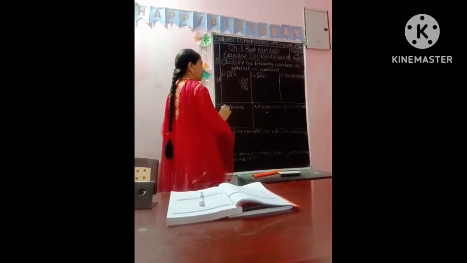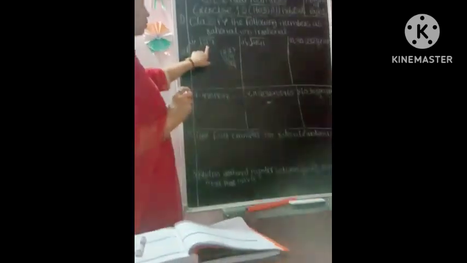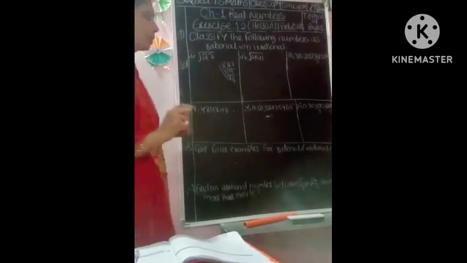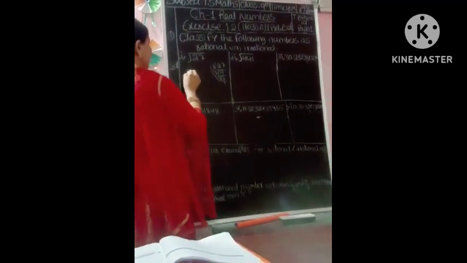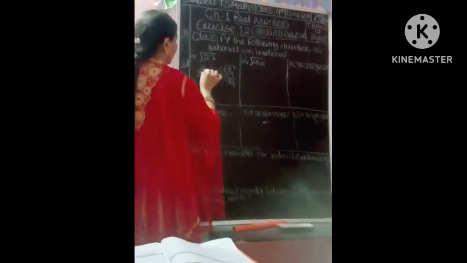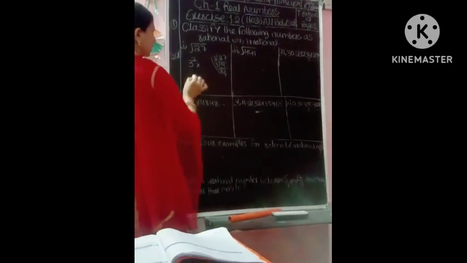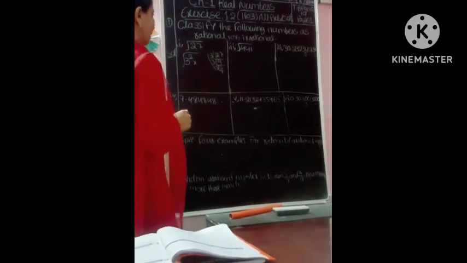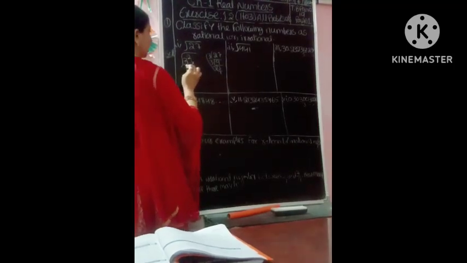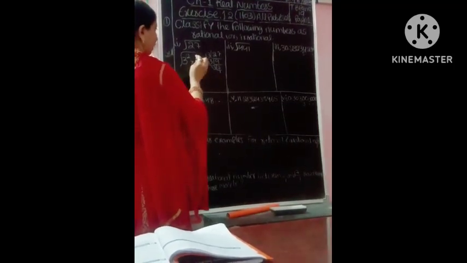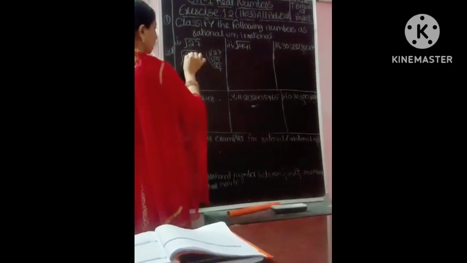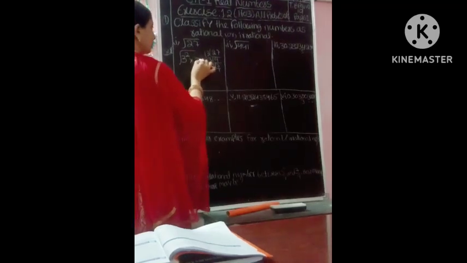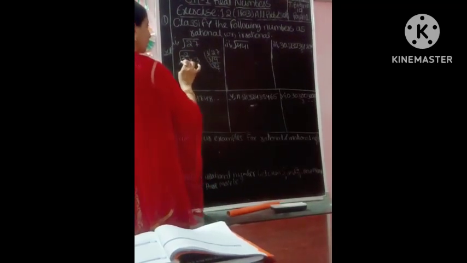It can be written in cube form, but don't write it in square form. Square form means 3 square, 3 times 3. How to write root 27? Root 27 can be written as root of 3 square into 3. 3 times 3 is 9, into 3.